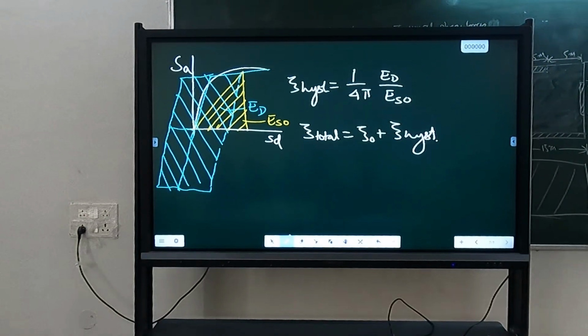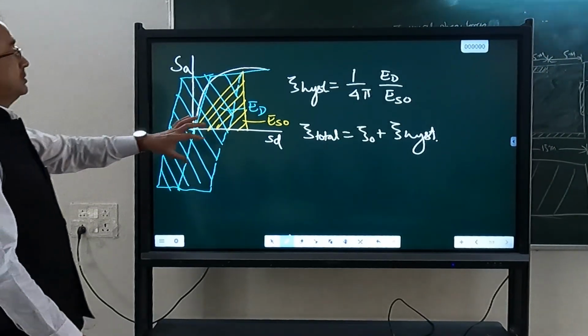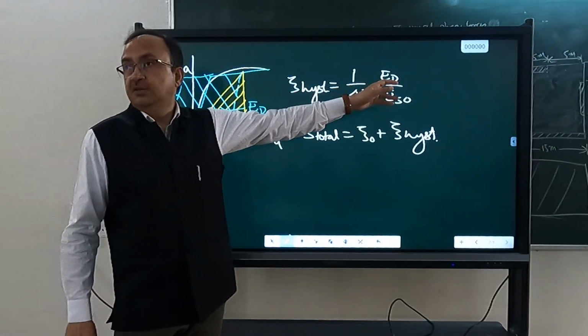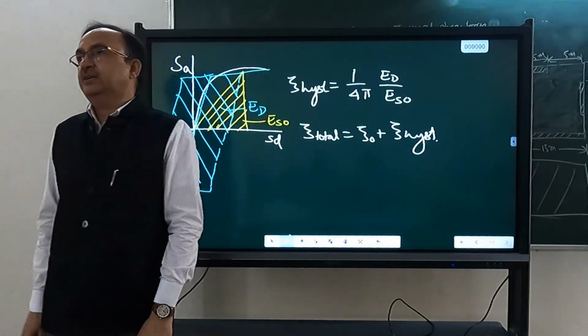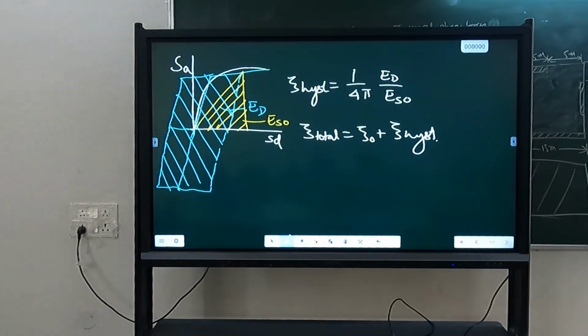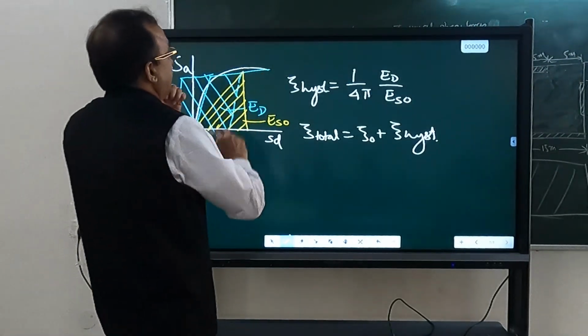It cannot be destroyed, it will be converted into another form of energy, heat. So it is the dissipation of energy with respect to the stored energy. If we take the ratio of these two, the energy dissipated by the inelastic system and the energy stored by an equivalent elastic system to undergo the same displacement, then this xi hysteretic can be calculated like this.